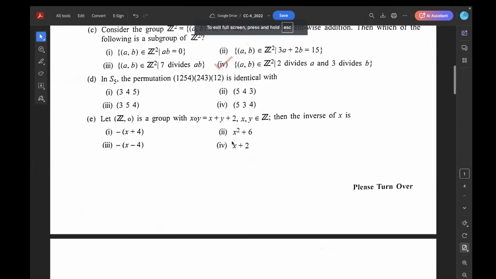Next question D. In the symmetric group S5, the permutation (1 2 5 4) into the permutation (2 4 3) into the permutation (1 2) is identical with what?